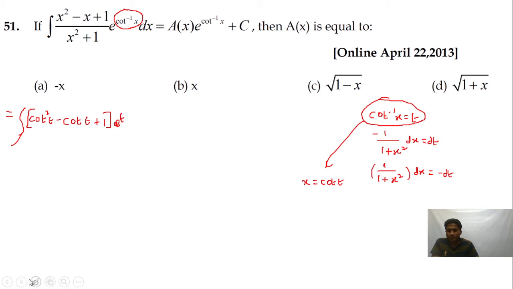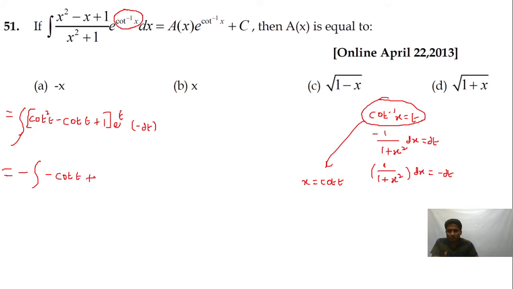And whatever is left out, dx upon 1 plus x square. So this is e power t, and dx by 1 plus x square will be equal to minus dt. So this is equal to minus of, this is minus cot t.